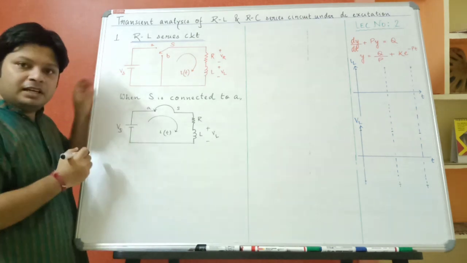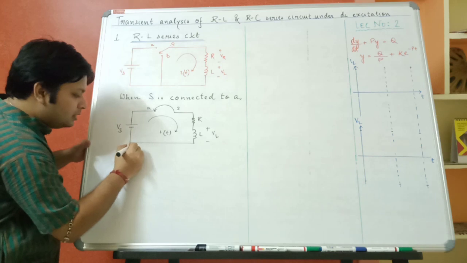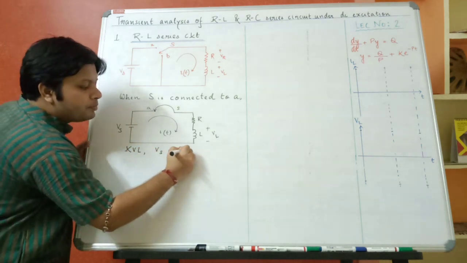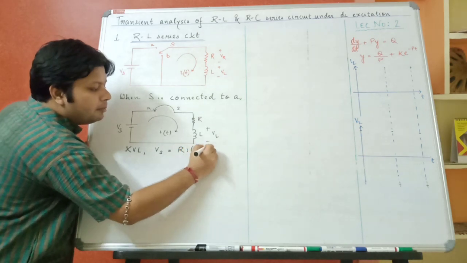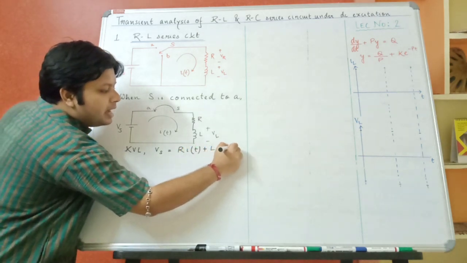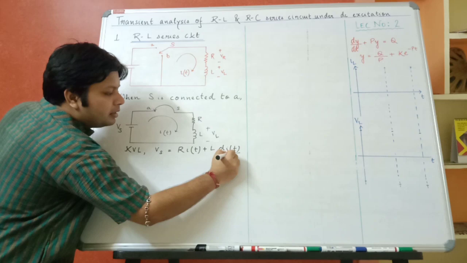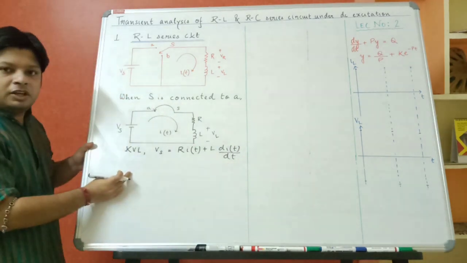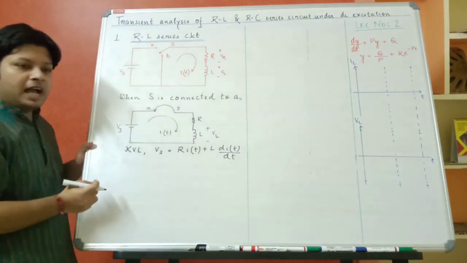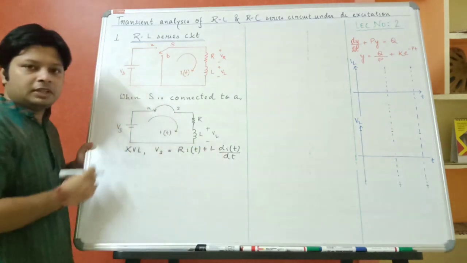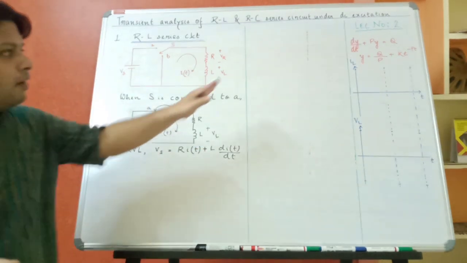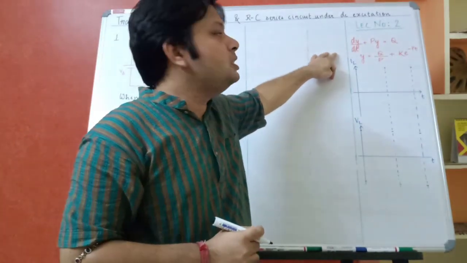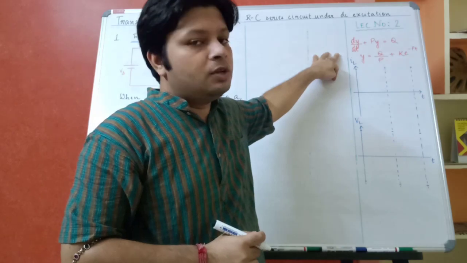If you apply KVL over here, what you will get? KVL: Vs is equal to R into IT plus L dIT by dt. Now this is the first order differential equation, as there is d by dt, and we need to find the solution for that. So that's why here you can see I have written a first order differential equation, which is dy by dt plus py is equal to q.